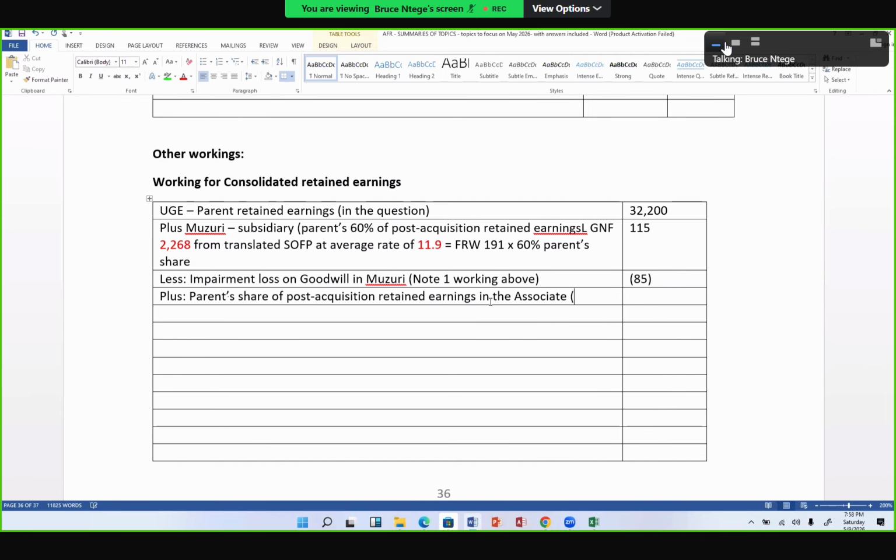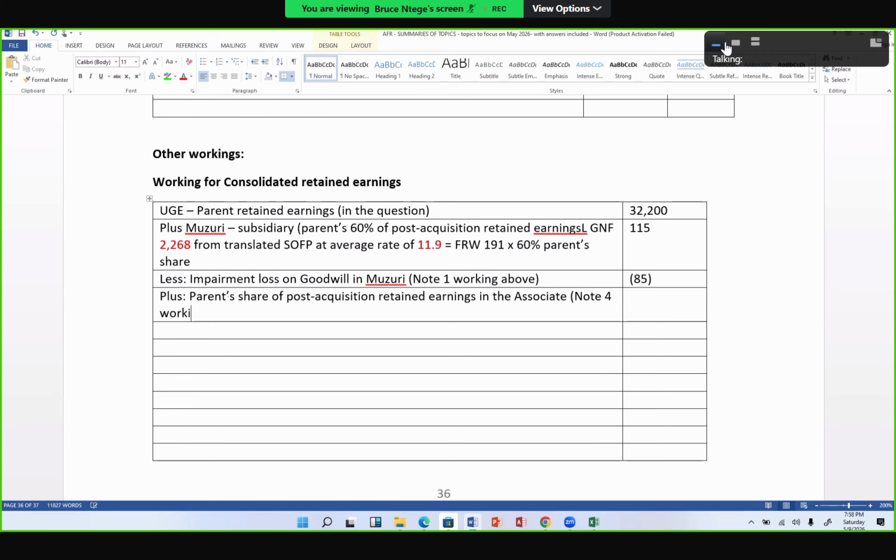This is coming from note 4 working. Okay, and the figure is 1960. So it's increasing the retained earnings because you're debiting the investment in associate and you're crediting the retained earnings.